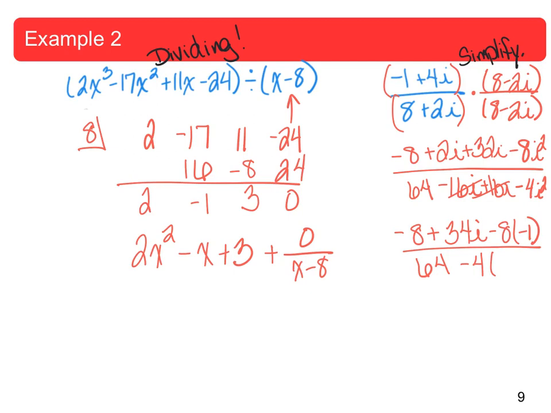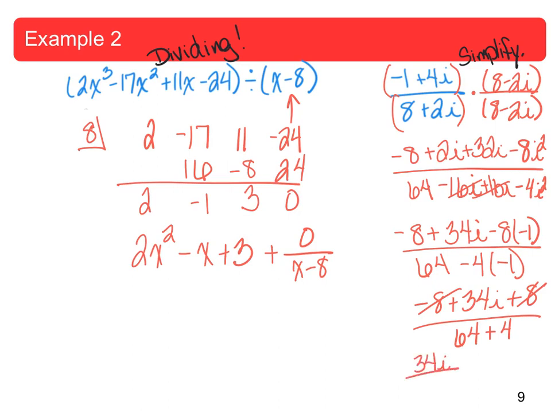What does it become? Excellent. Okay, so I have negative 8 plus 34i plus 8. Then in the denominator, I have 64 plus 4. Okay? So I end up with 34i over 68.